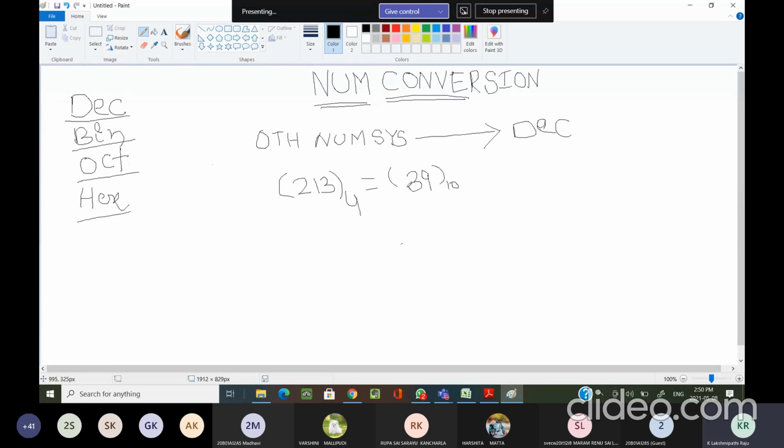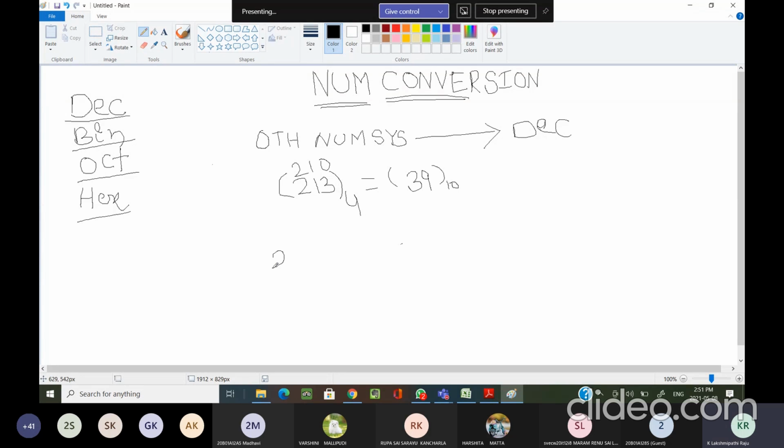Okay. I hope everyone understood how we are converting other number systems into the decimal number system. Those who are not understanding, especially this problem: first, as usual, we identify positions 0, 1, 2, and the given number system is base 4.